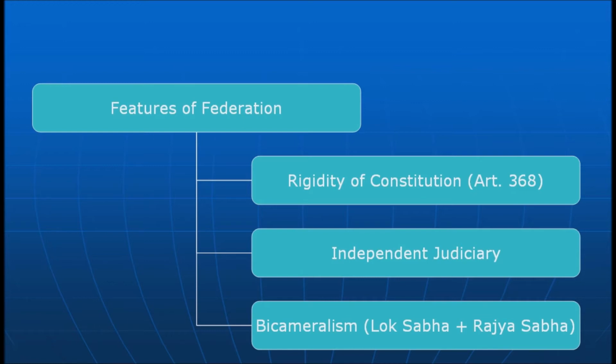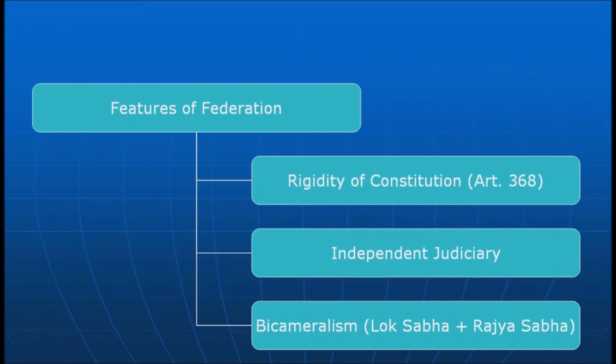There are some states also where there are two houses: the legislative assembly and the legislative council. The Lok Sabha represents the people, that means it is the house of the people, whereas the Rajya Sabha is the council of states, which represents the states as a whole. So bicameralism means two houses, one Lok Sabha, another Rajya Sabha.